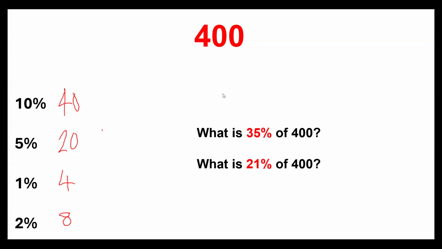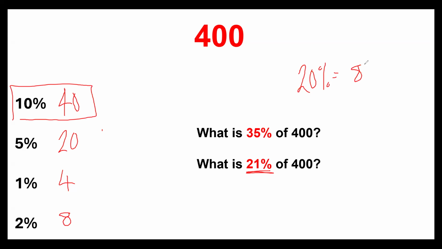So we want to find 21% of 400. How are we going to do that? Well, let's first find 20%. Okay, so how am I going to find 20%? Well, I can get 10% and multiply it by 2. Because 10% times 2 is 20. Yeah? So 40 times 2 is 80. So 20% must be 80.